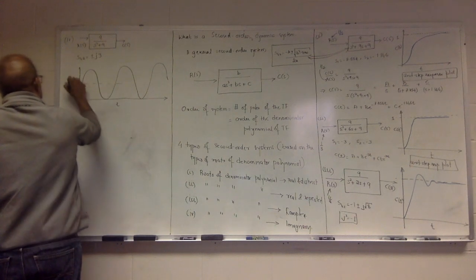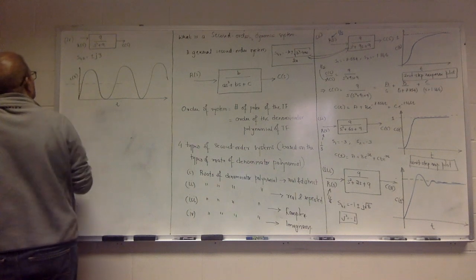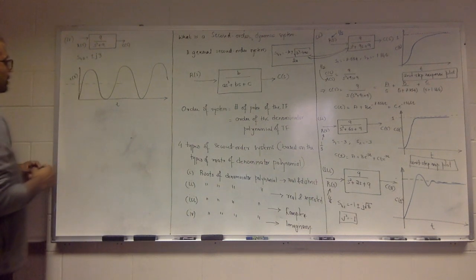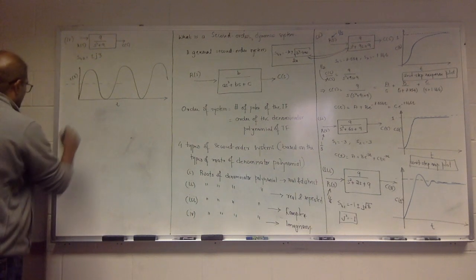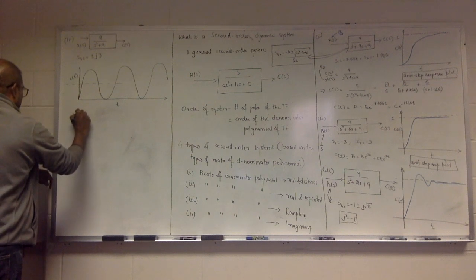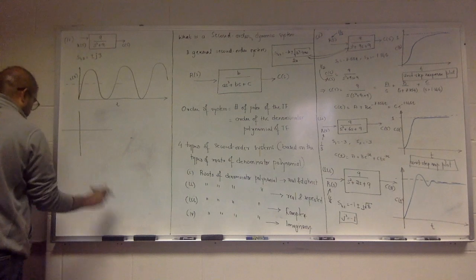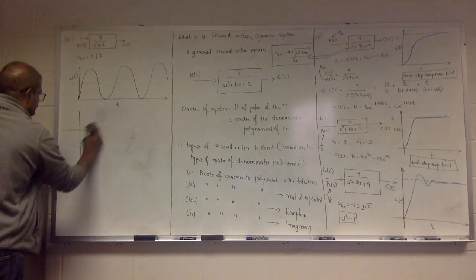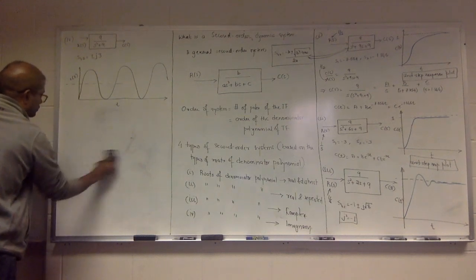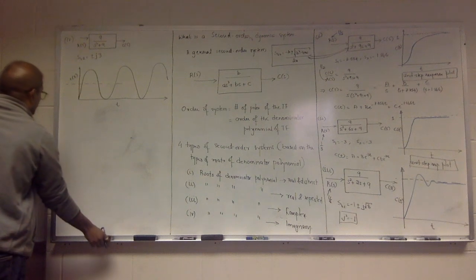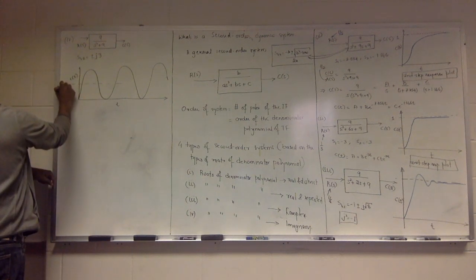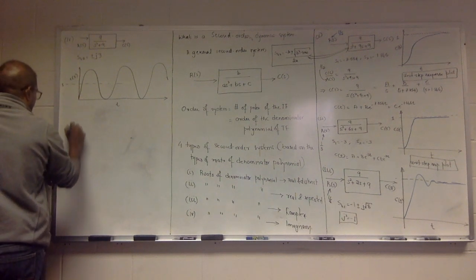Again, this is t and this is C of t. Right. I'm also going to do this. So would the top of the oscillation be 1? This would be 1. Okay.